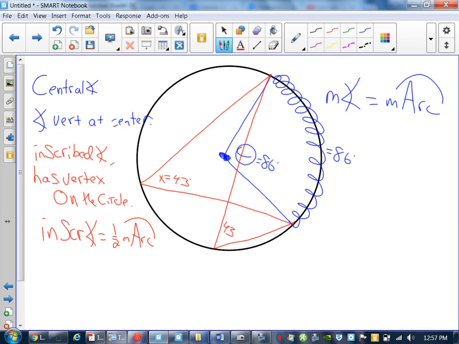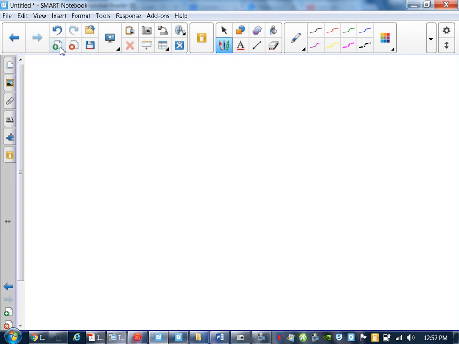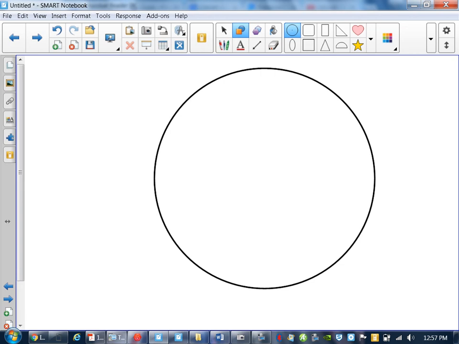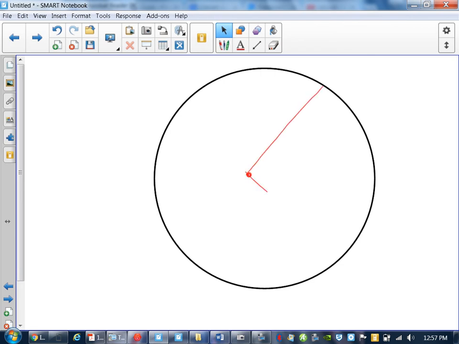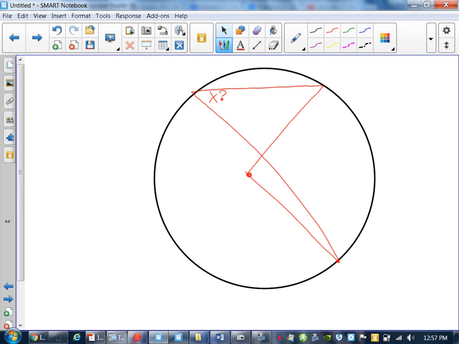Now, one of the things I was talking about with fourth hour was sometimes it's not just find half the angle. Sometimes you have to utilize two parts to solve a problem.